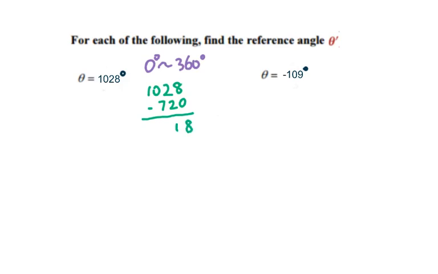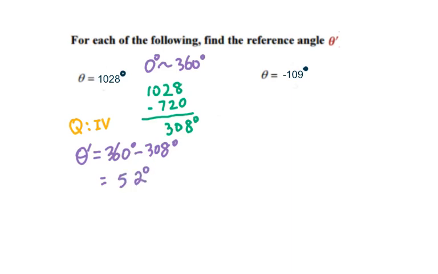You will get 308 degrees. So 308 degrees will be quadrant 4. Then for the reference angle, you get 360 degrees minus 308 degrees. Then your answer will be 52 degrees.